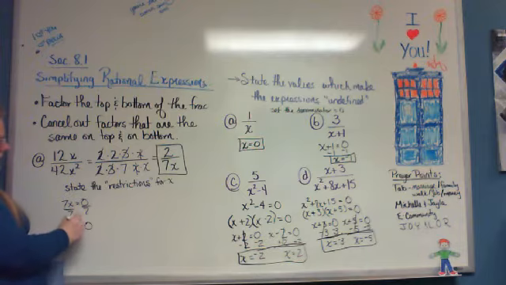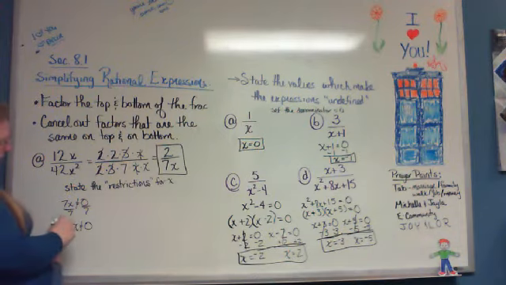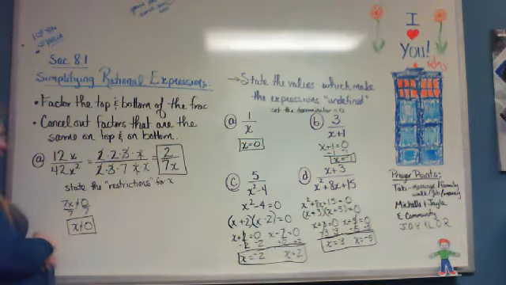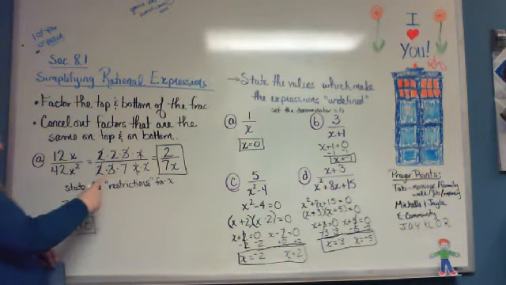So since this is what x can't be, I want you to go ahead and put a line through it. Now, I don't know if your book does that or not. Your book may say x can't be 0, but I'm okay with you saying x is not equal to 0. That's the simplified answer. This is the restriction.